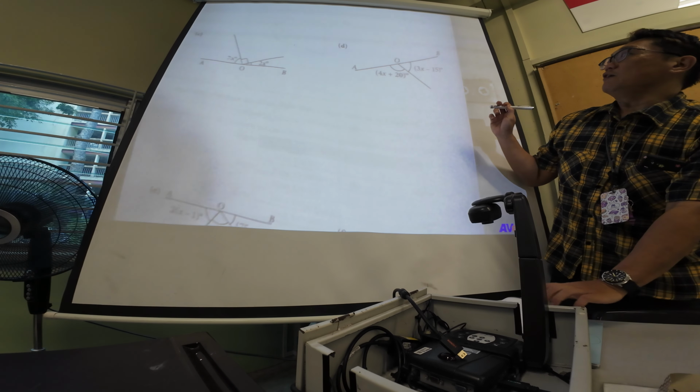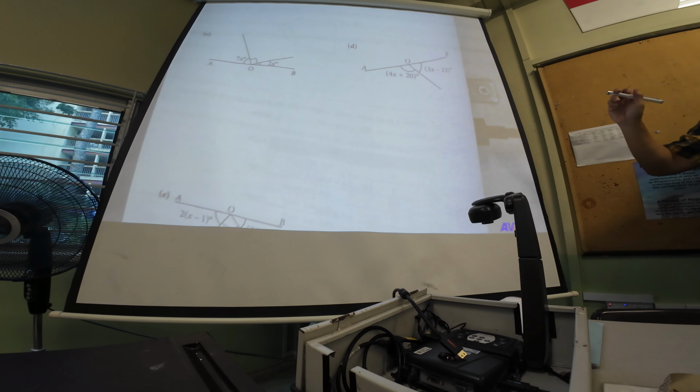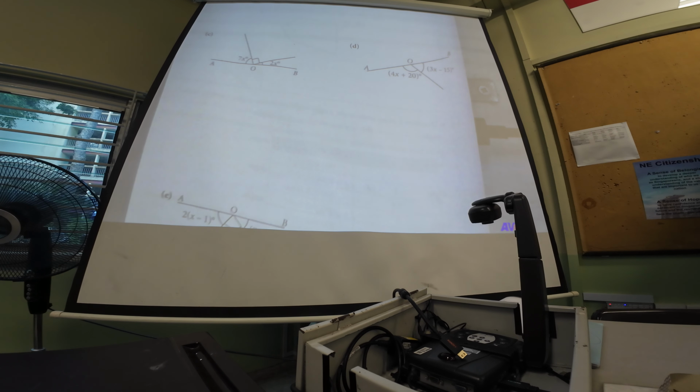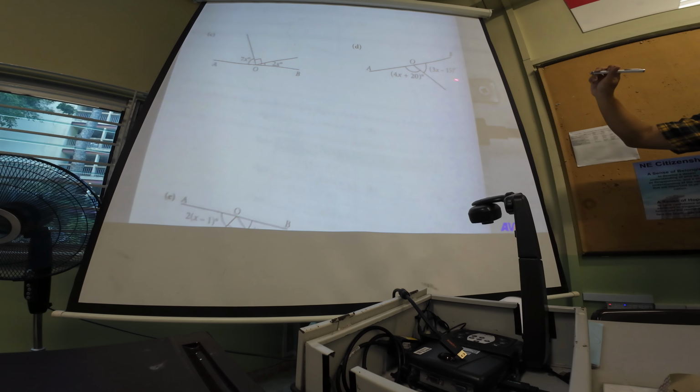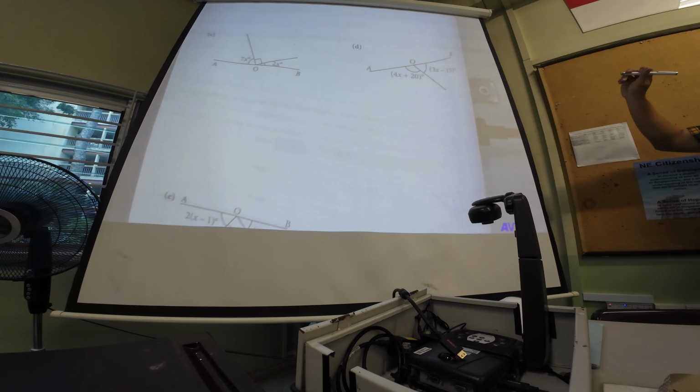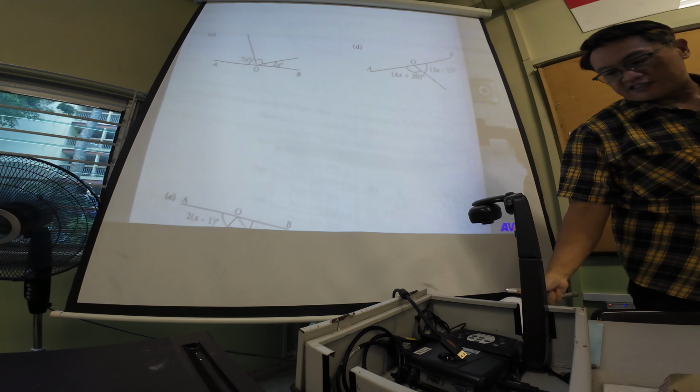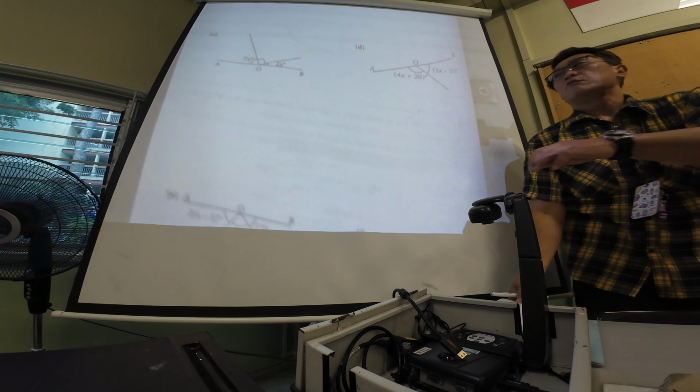As long as you know your algebra, you do each of the simple steps, then every step is simple, and you just continue doing all the simple steps, you can step by step find out what is x. That's why we write, these two angles add together is 180. So 4x plus 20 plus 3x minus 15 equals 180. Then at each step, we just continue writing the equation, we solve, make x the subject, we can find out what is x. Okay?